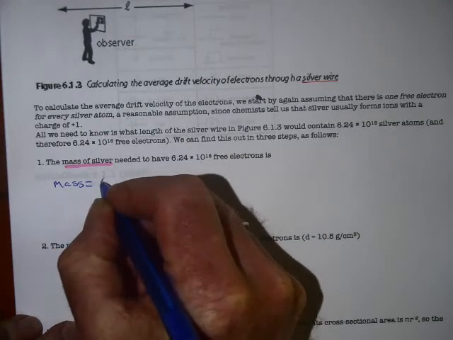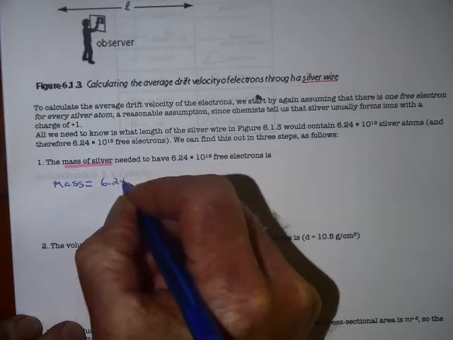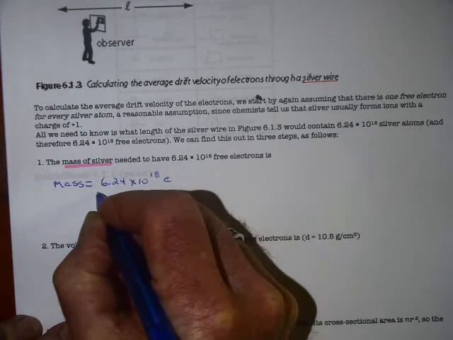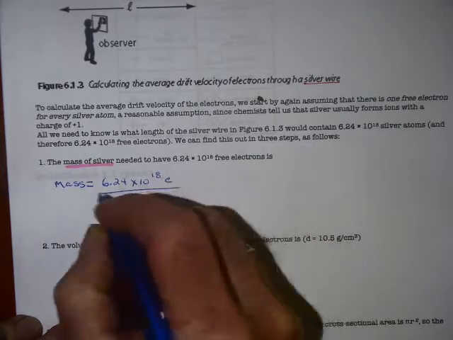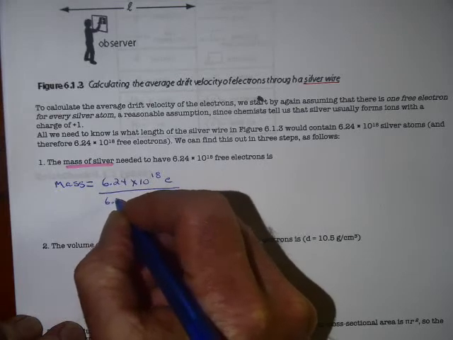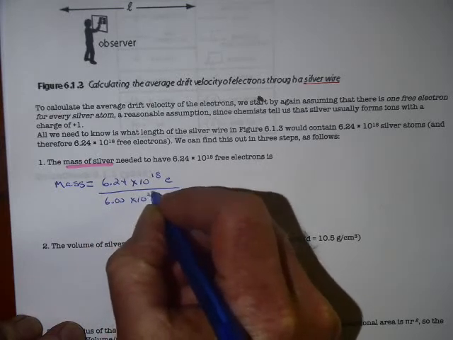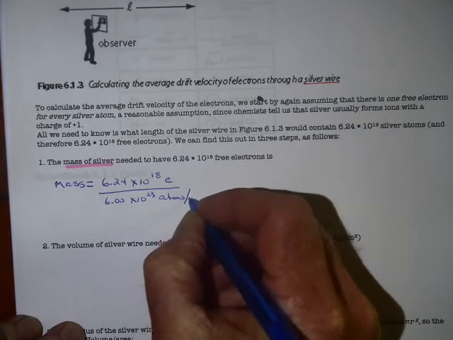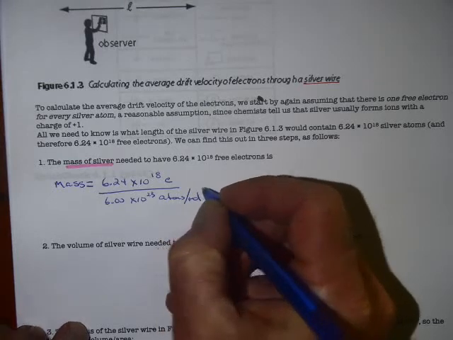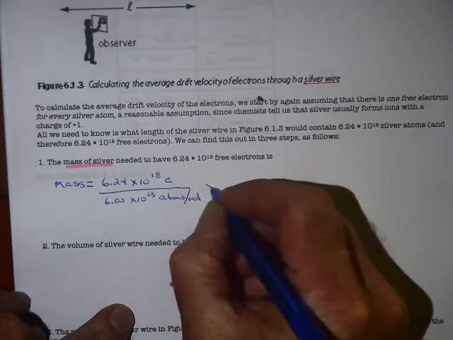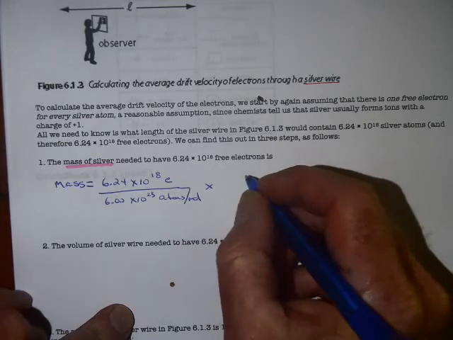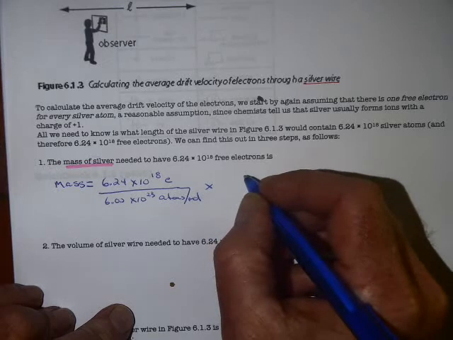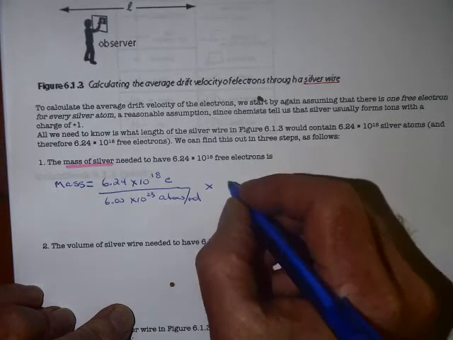Mass is equal to the 6.24 times 10 to the 18 electrons divided by Avogadro's number, 6.02 times 10 to the 23rd atoms per mole, times the molecular weight, and we're going to use 108 grams per mole, just because I think it's 107.9, but it makes it easier.